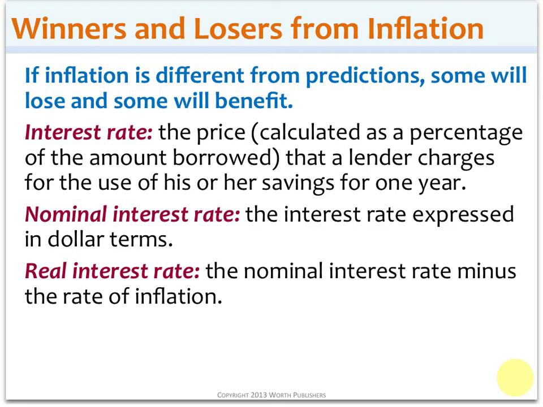Now, if inflation is higher than 2%, it's clear that the bank will see less than 3% real return. And equally, it's clear that the borrower will pay less than 3% real interest rate on that money. So if the inflation rate is higher than everybody expects, the lenders lose and the borrowers gain, and vice versa.